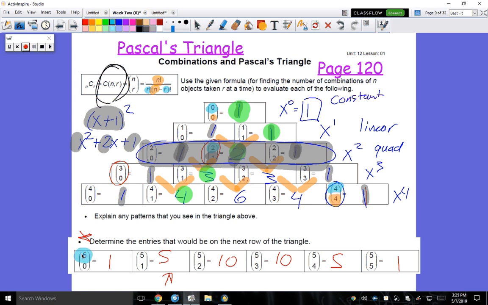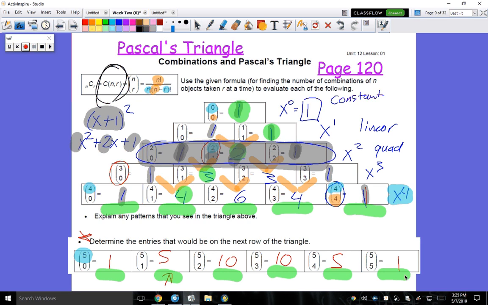This is like saying it's going to be an x to the 5th kind of thing, just like this was an x to the 4th kind of polynomial. How many terms are in an x to the 4th polynomial? 1, 2, 3, 4, 5. How many terms are there in an x to the 5th polynomial? 6. There's always one more term than the power that you're at.